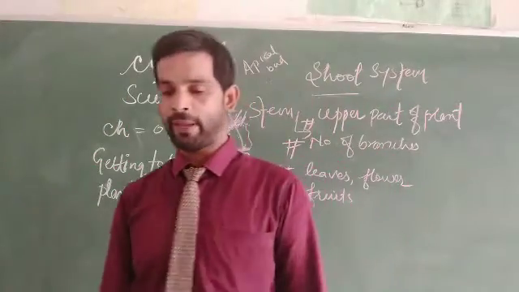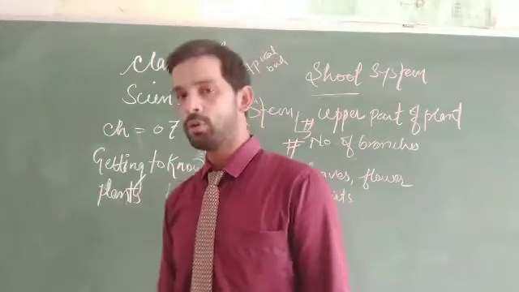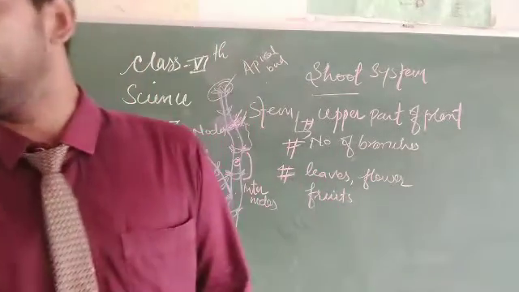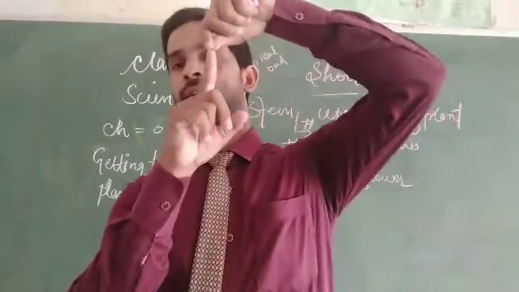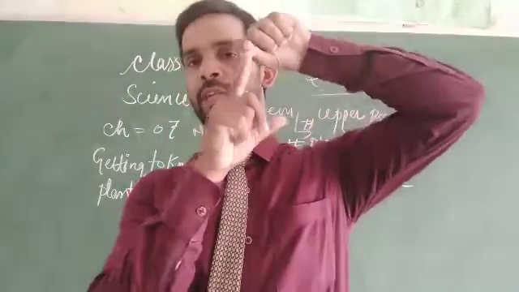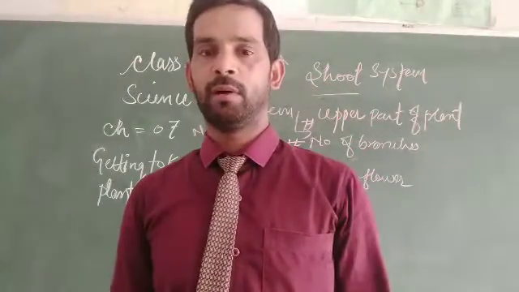So what are apical and lateral buds? Apical buds are those that grow on the tip of the plant, the apical portion of the plant. Here the bud grows. That one is called the apical bud.